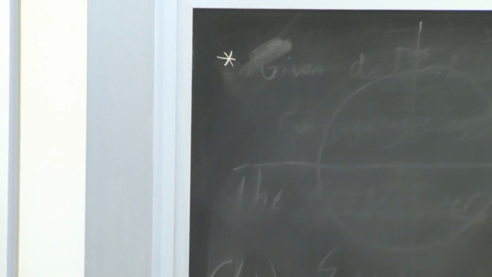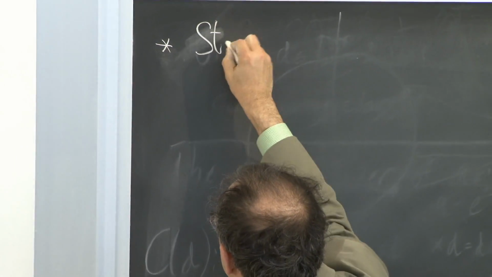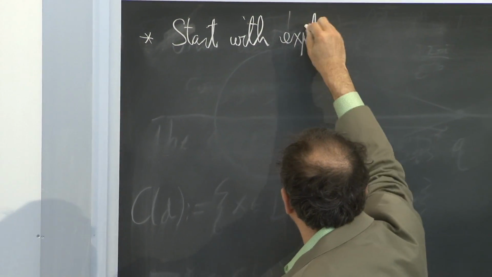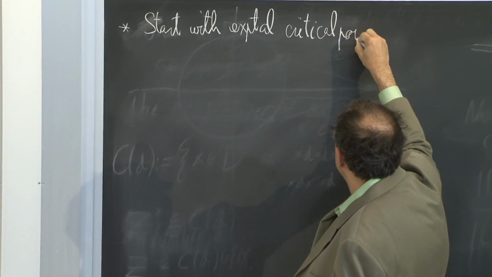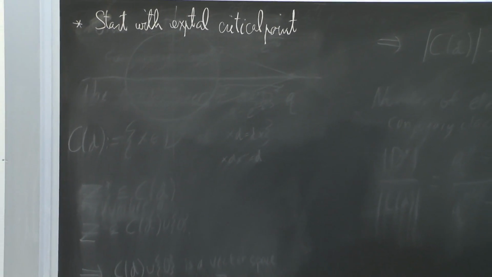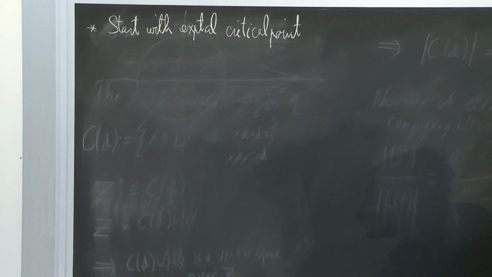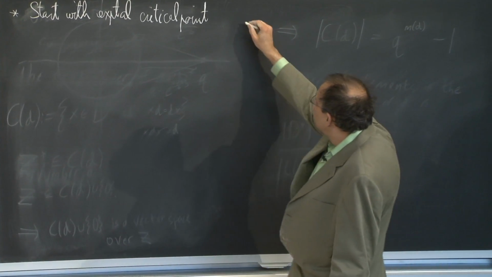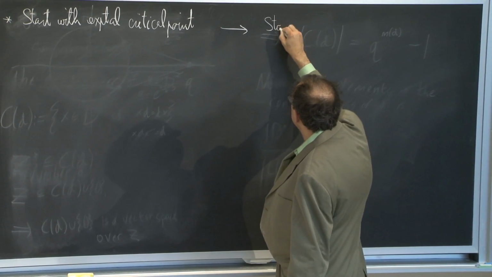Let's see how we should proceed. We start with some experimental system, with a critical point. So I tell you that somebody in the experiment did a liquid gas system. They saw a diverging correlation length, critical opalescence, etc. Then I associate with that some kind of a statistical field.